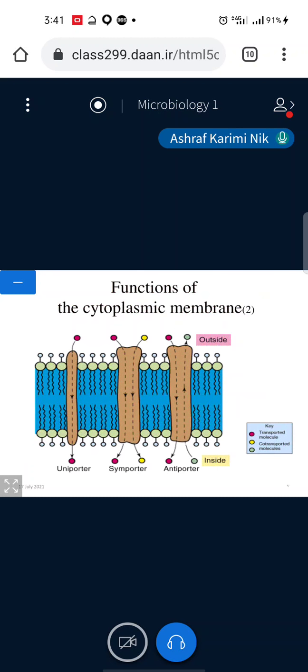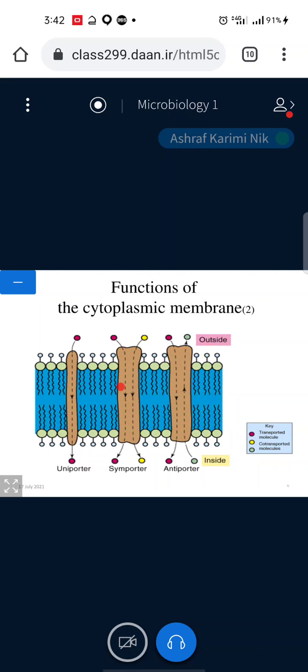Symport transports the solute and a co-transported solute at the same time in the same direction. Yes, pay attention: two materials at the same time in the same direction.